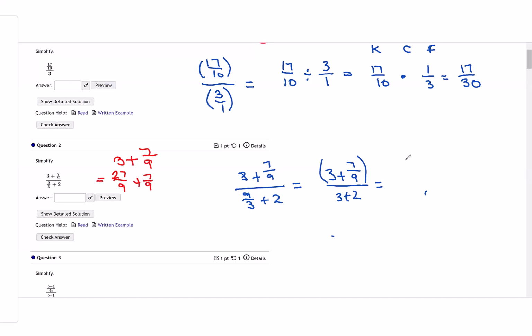This is equal to 34/9 divided by 5. And again, we can say over 1, which gives me 34/9. Keep, change, flip. And my final answer will be 34 divided by 45.